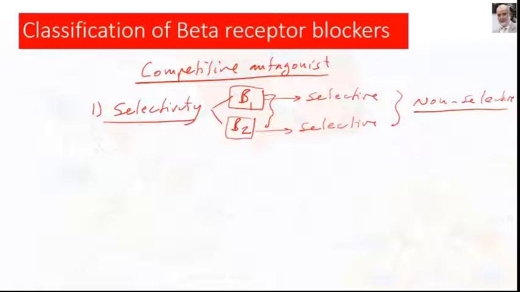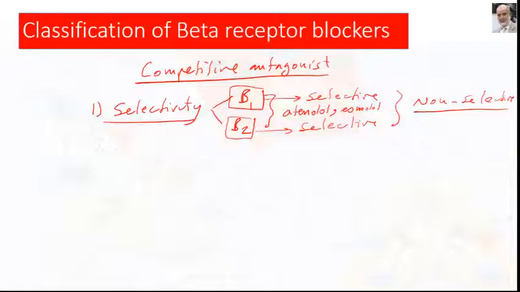This includes many examples. Maybe the most famous are atenolol, esmolol, which has a very short duration of action, as we will see later, and acebutolol.